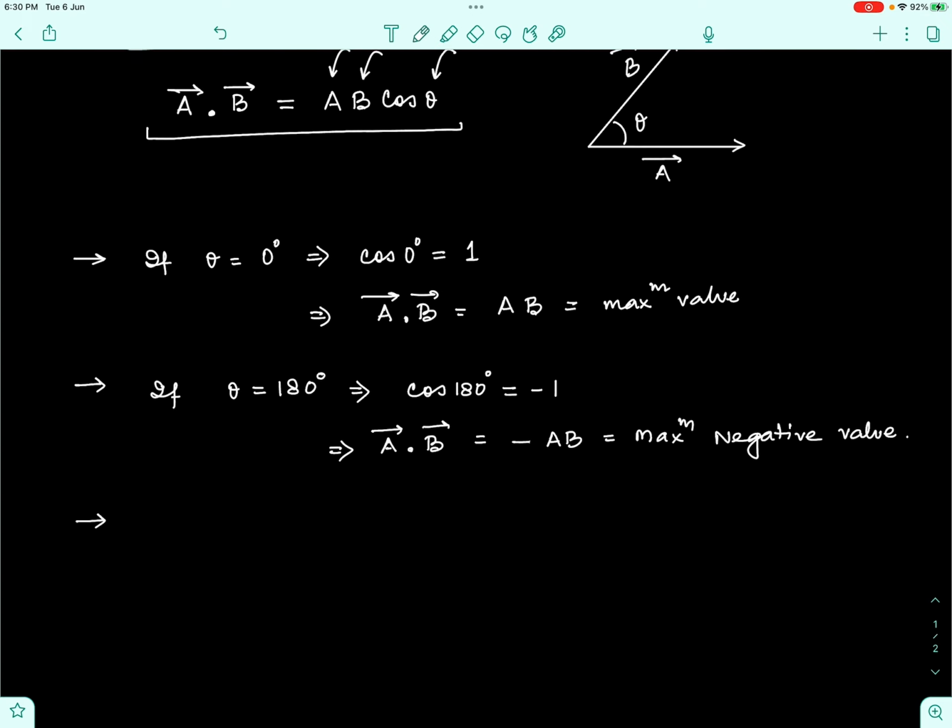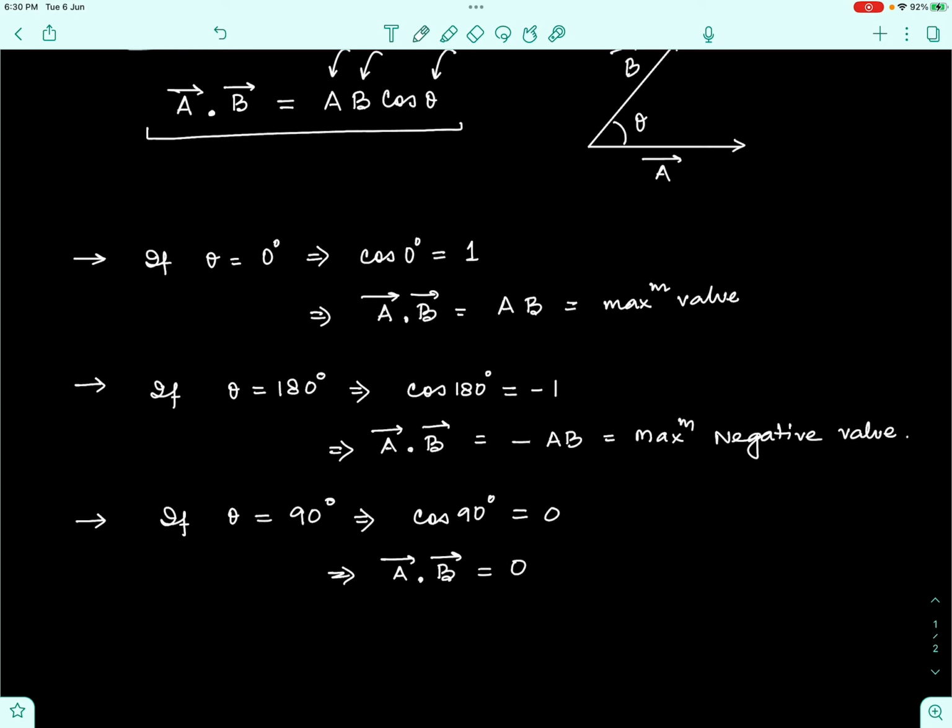What if theta is 90 degrees? What does theta being 90 degrees imply? This means that the two vectors are perpendicular to each other. See that when the two vectors are perpendicular, cos 90 is 0, which implies the dot product of two vectors will be 0. A dot B is 0, which is a special case.